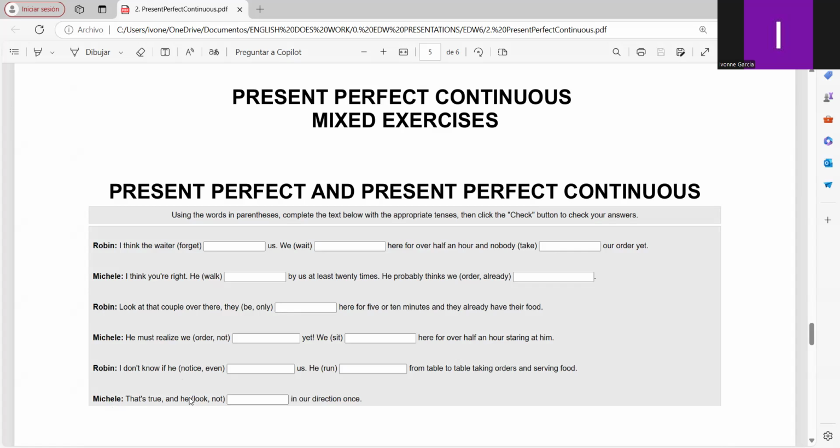And we also here we have look, which is a verb we cannot use in the continuous form, so we need the present perfect form. That's true. And he has not looked in our direction once.